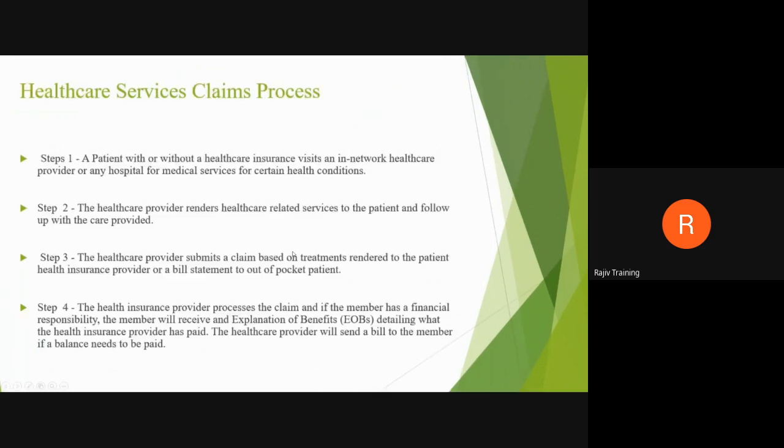Next is health services claim processes. There are several steps involved in the claim process, which is very important. The first step is the patient, with or without health insurance, visiting an in-network healthcare provider, or any hospital, for any kind of medical services or health conditions.